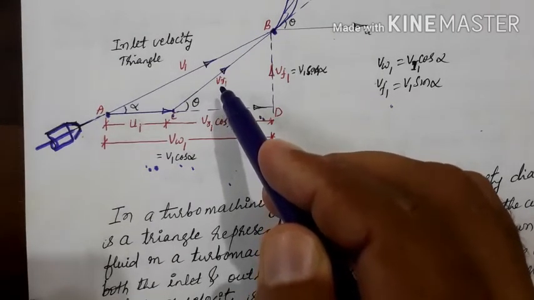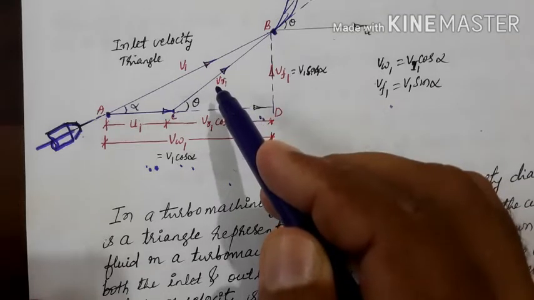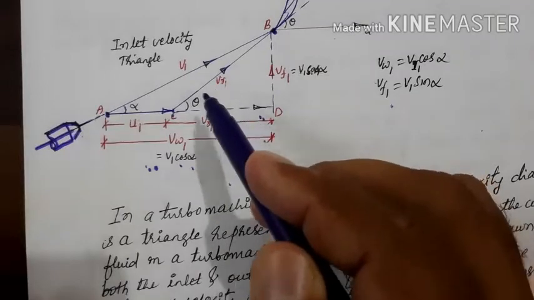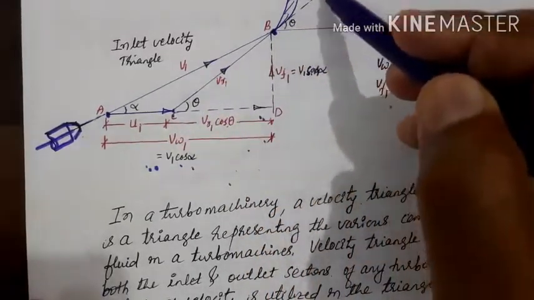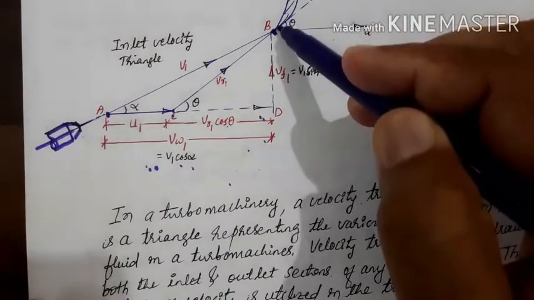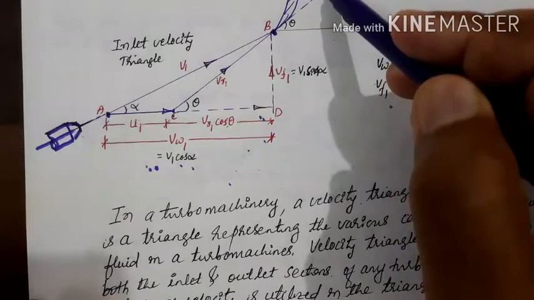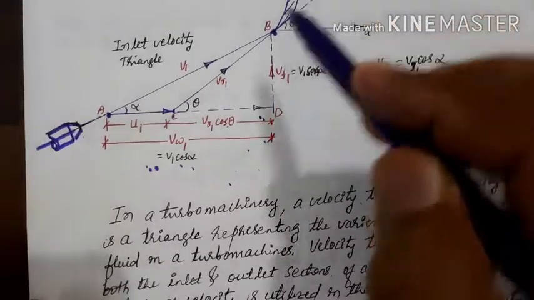If the loss of energy at inlet due to impact is 0, then CB must be in the tangential direction to the vane at inlet. Just extend it and draw tangential to the vane and join it to the horizontal line, and this angle represents theta.